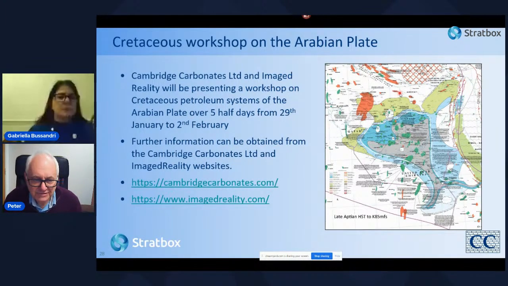This will be a remote workshop using Stratbox as a presentation and training tool. And if you're interested, further information can be obtained from the Cambridge Carbonates and Image Reality websites.